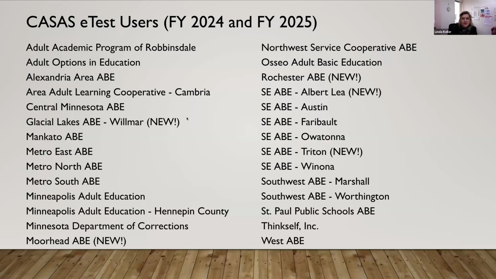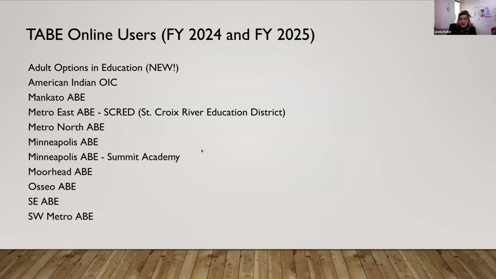So when online testing first started and folks were joining MDE meetings, I would always try to pull information out of folks that I knew were using it if they would share, but there's a lot of users out there. It's good information. So this is the list of CASAS e-test users.